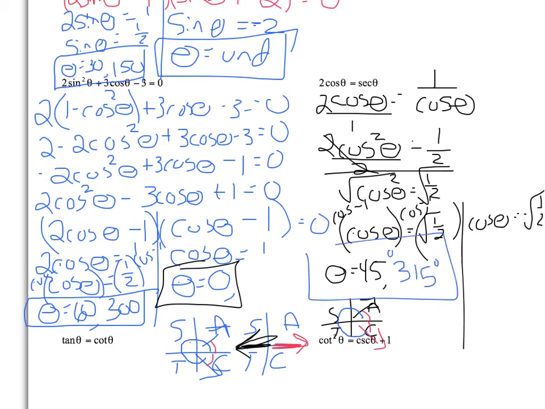On the right-hand side, you're going to do inverse cos of negative radical 1/2, and you get 135 degrees. 135 degrees is in quadrant 2. Cosine is negative in quadrant 2. Cosine is also negative in quadrant 3. My red reference angles are equal. Those reference angles are not equal to 135.